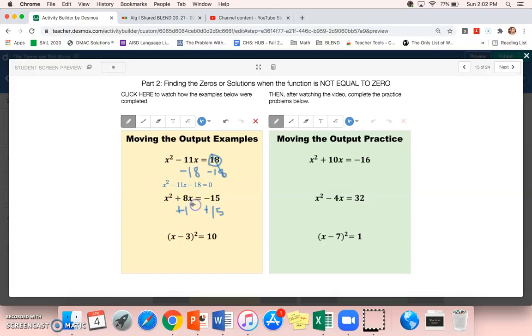What happens when I do negative 15 plus 15? I cancel, and now I can write a new equation. X to the second power plus 8x, so none of that changes, plus 15 leaves me with 0.